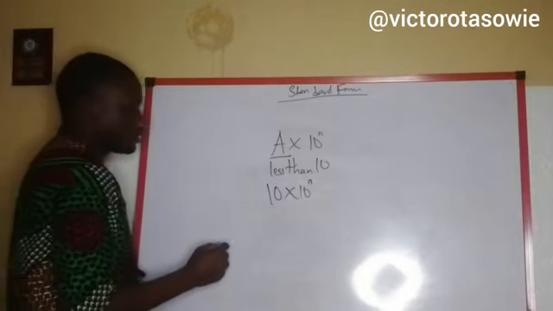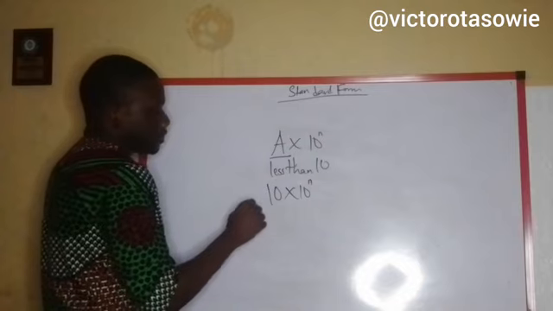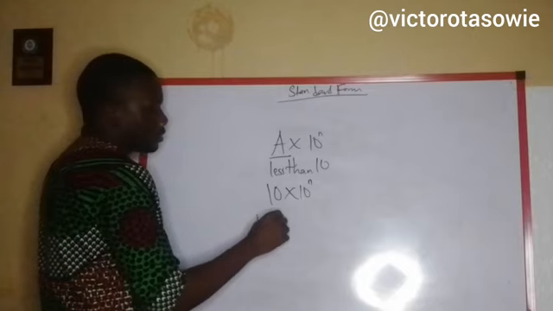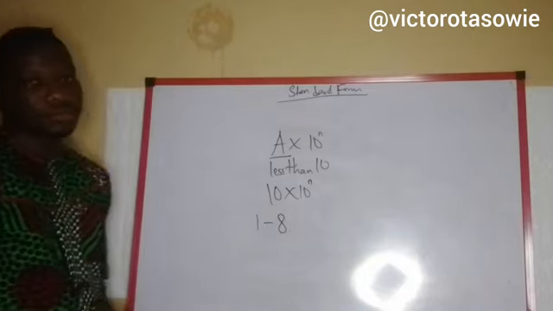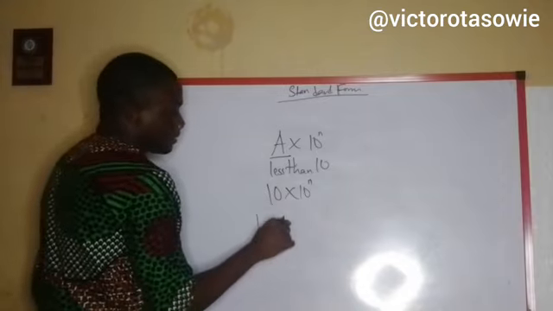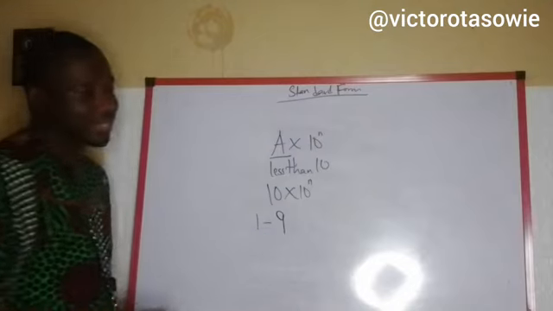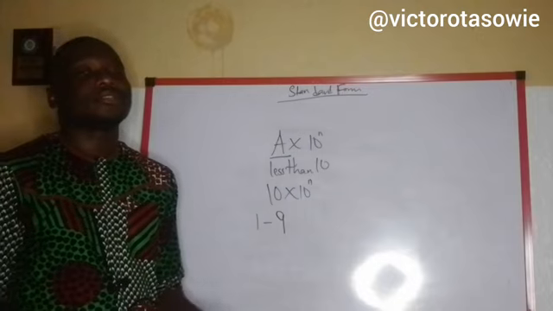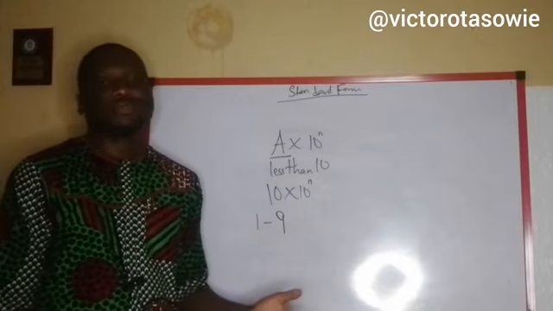All we want to see is from 1 to 9. 1 to 9 is fine. But we don't want to see 0.8 times 10 raised to power something.